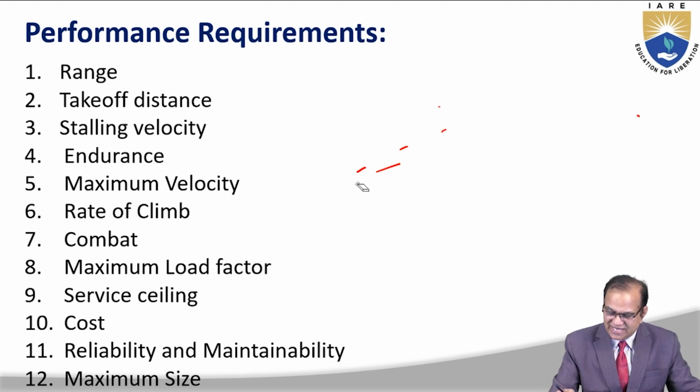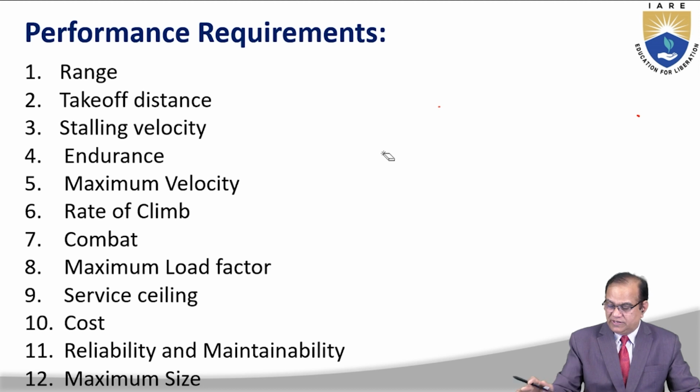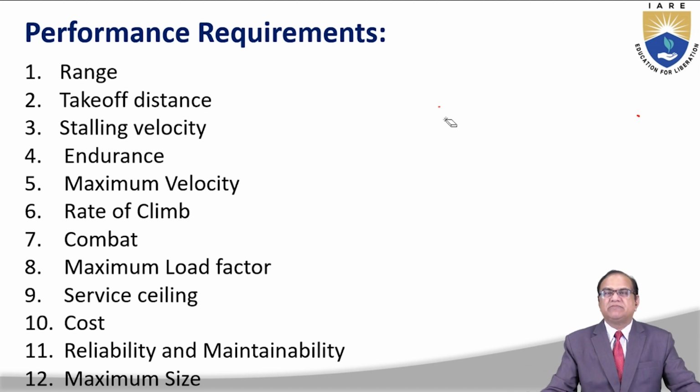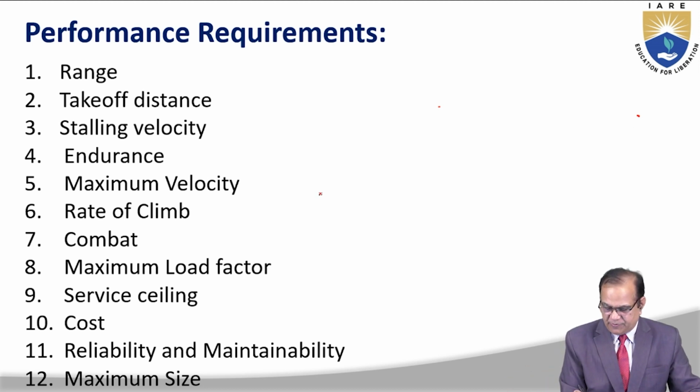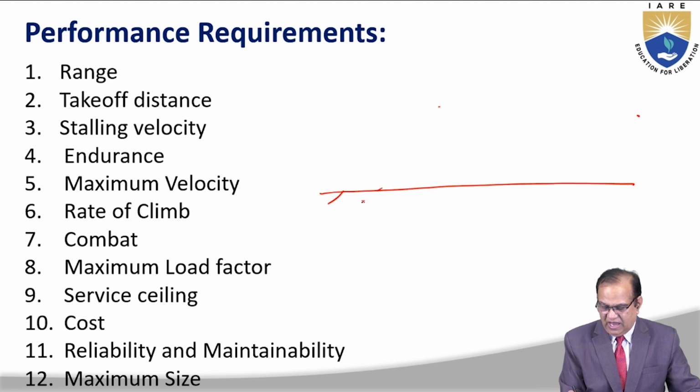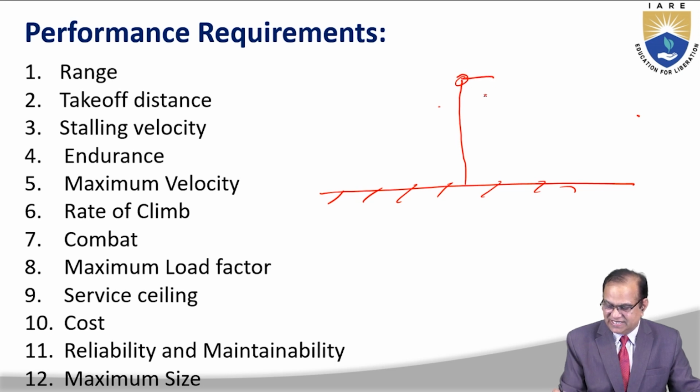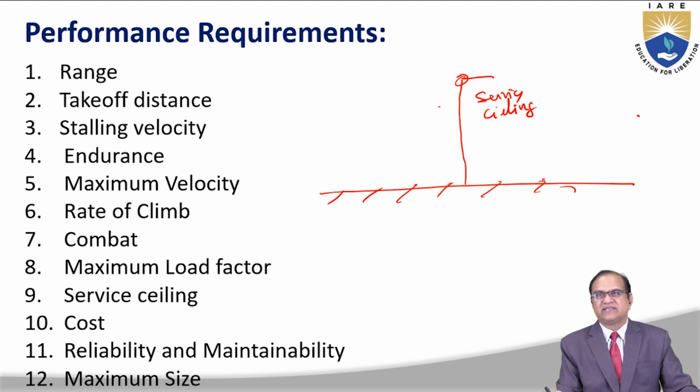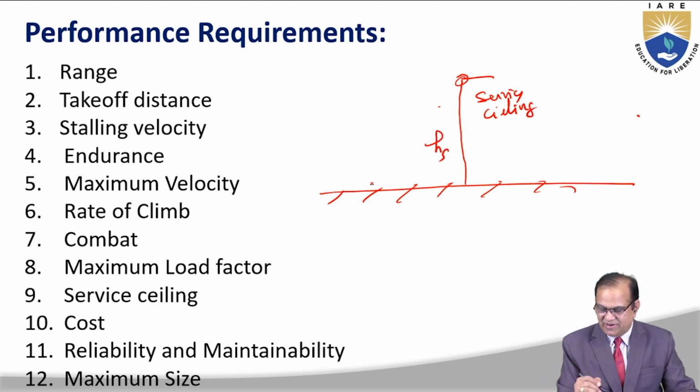Now the next is the service ceiling. So service ceiling is the maximum height. If suppose this is your earth, aircraft can go up to a certain height. This is the service ceiling. This is the height, h, as I am writing.